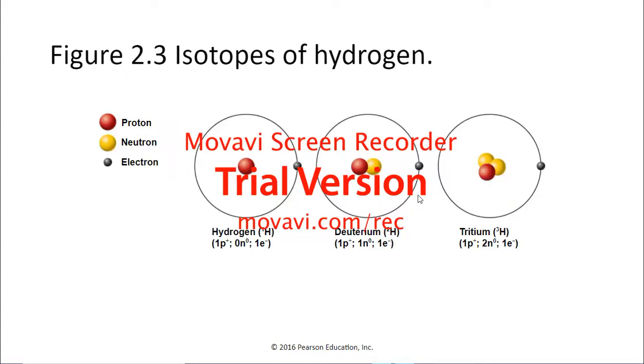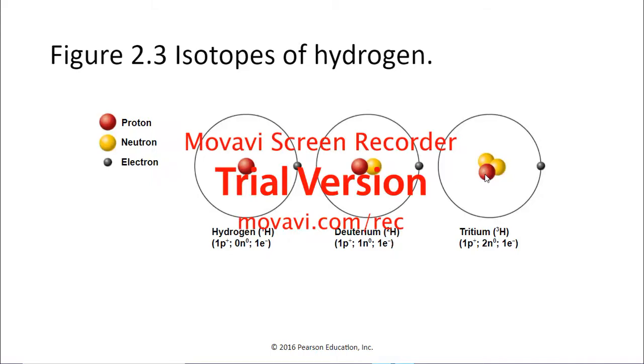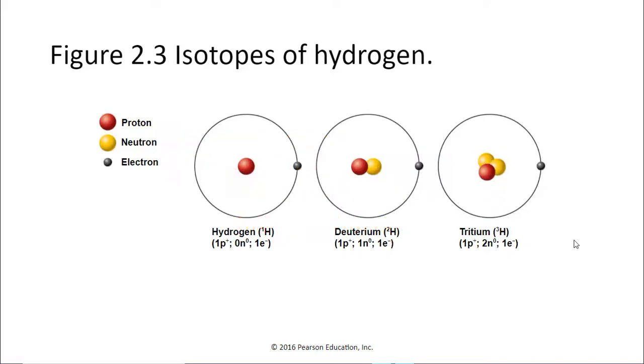And then you also have another isotope of hydrogen, tritium. Okay, tritium, again, you got to have one proton. You change the number of protons, it's a totally different element. So tritium has one proton and two neutrons. This isotope has two neutrons. Okay, but again, deuterium and tritium are two isotopes of hydrogen.